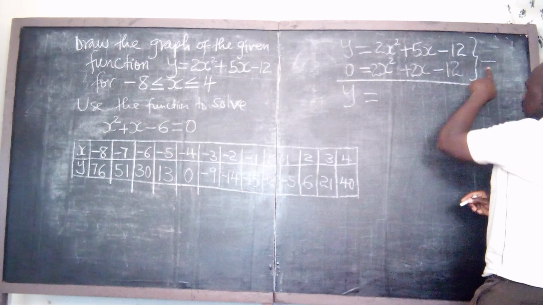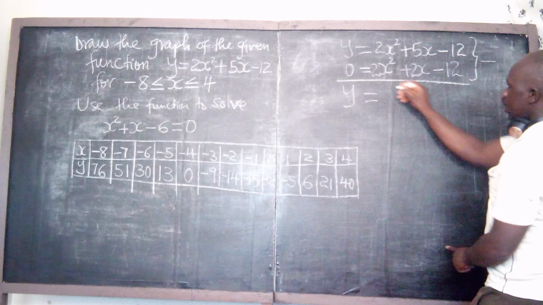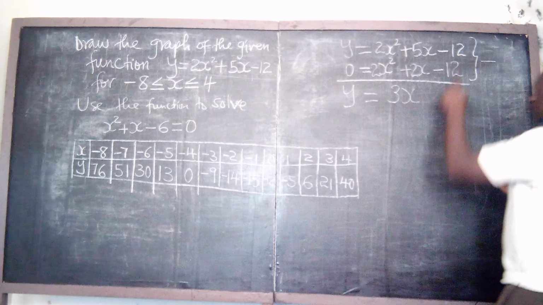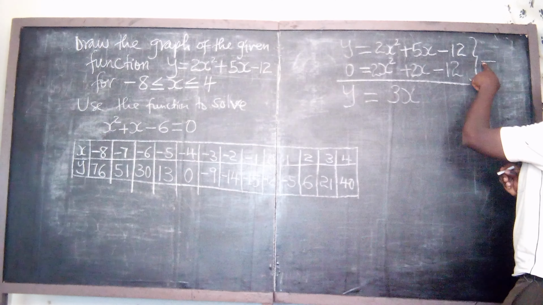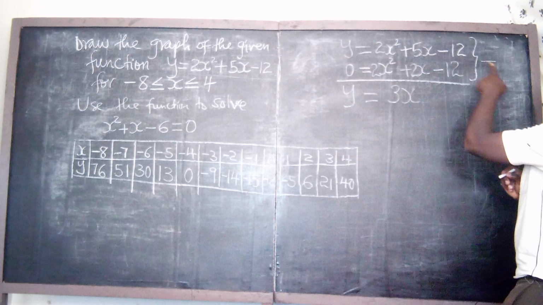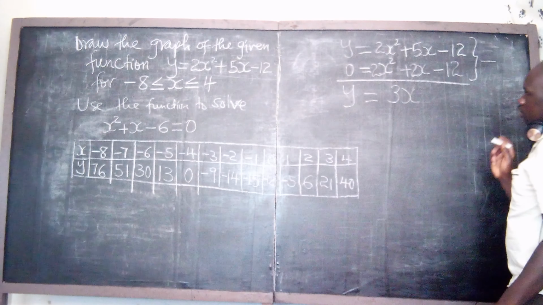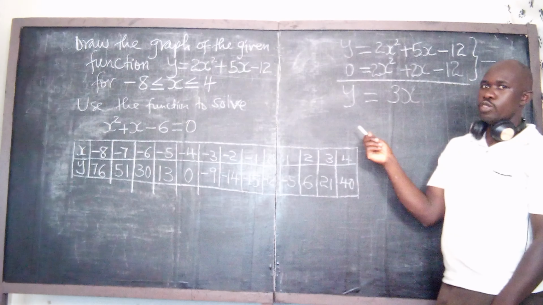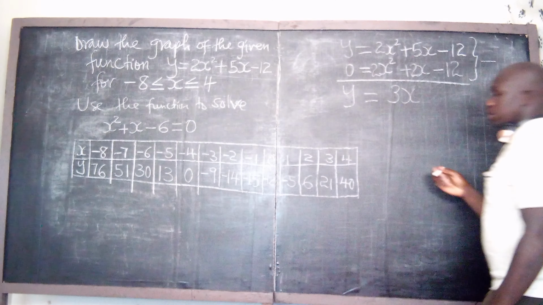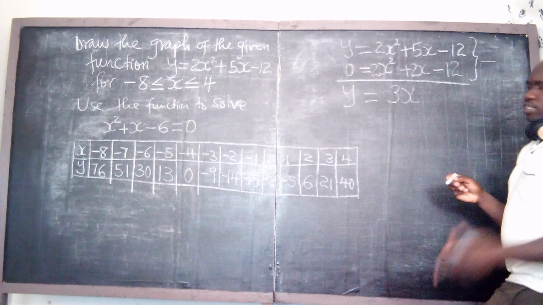Then 5x minus 2x, I get 3x. Then minus 12 plus 12 is 0. And therefore, we need to draw a graph of y is equal to 3x. Also, I require at least 3 points.